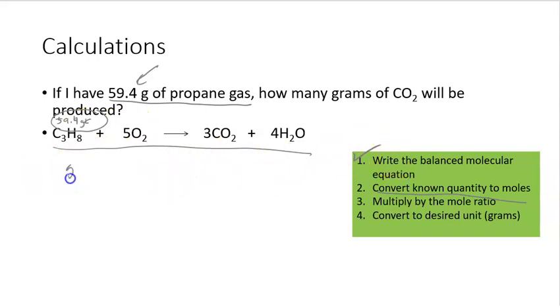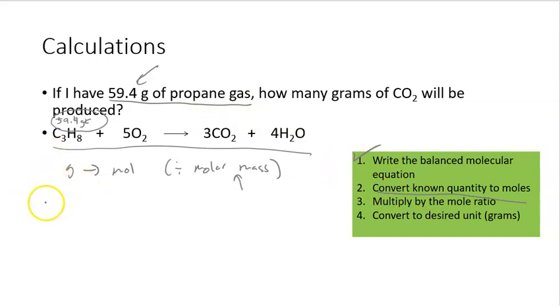And you guys have already learned how to do that back in topic 6.1. So to go from grams to moles, I just divide by molar mass. Again, if you don't remember what molar mass means, shame on you, but go back to topic 6.1 and look up that information. But step 2 here, I'm going to convert my given quantity to moles.